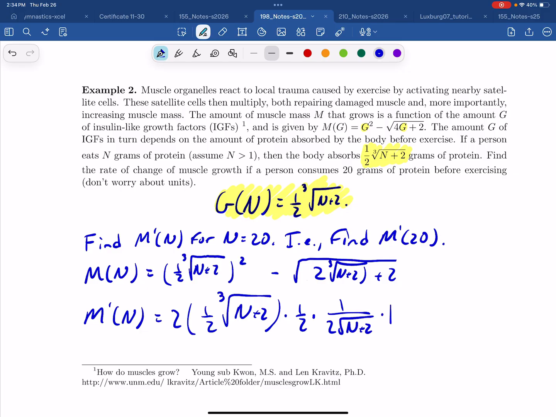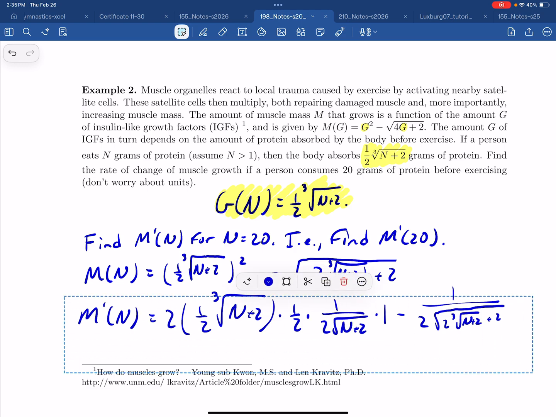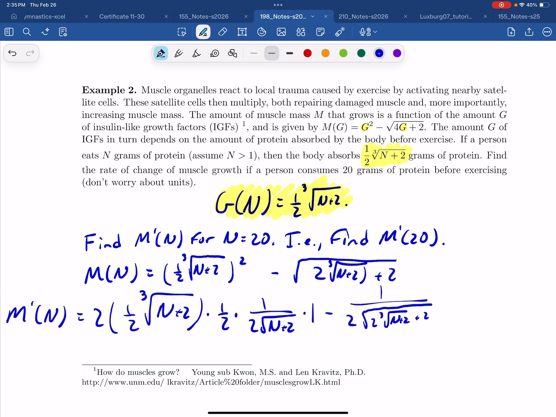Okay? And then it's going to be minus, now again we have to do the derivative of the outside, which is going to be 1/2 square root of, keep the inside the same, 2 cube root n plus 2 plus 2, times the derivative of the inside, which is 2 times 1/2 square root of n plus 2.